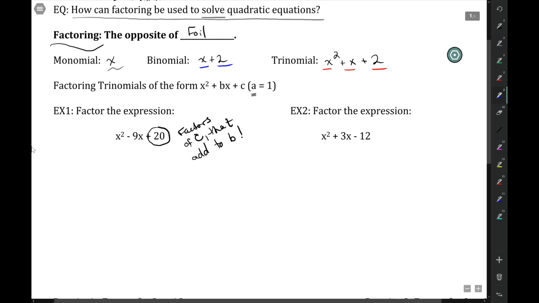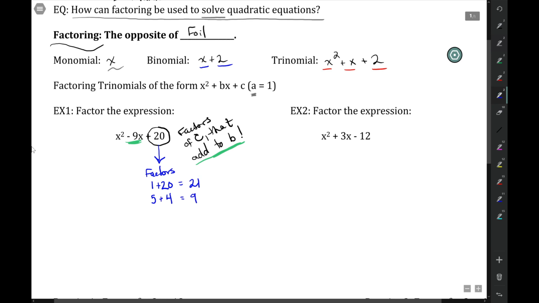So our c value is 20. Some of the factors of 20 are 1 and 20, and 5 and 4. Now the whole idea is we want them to add to our b value, so negative 9. Right off the bat, 1 plus 20 is 21, and 5 plus 4 is 9.